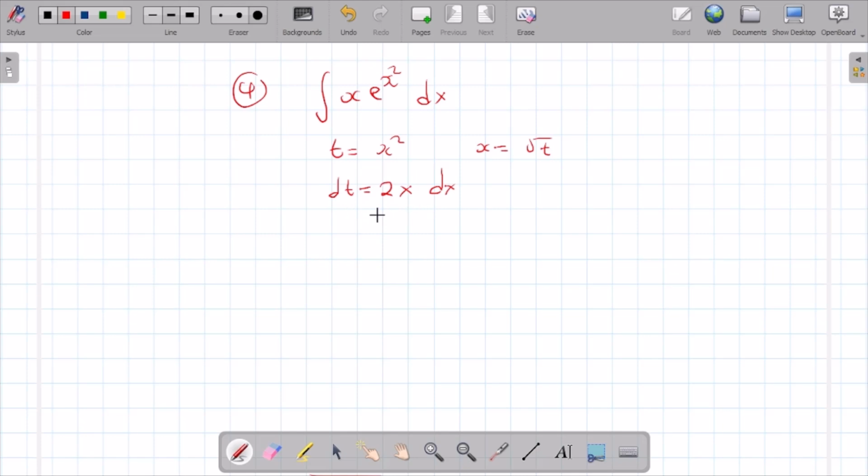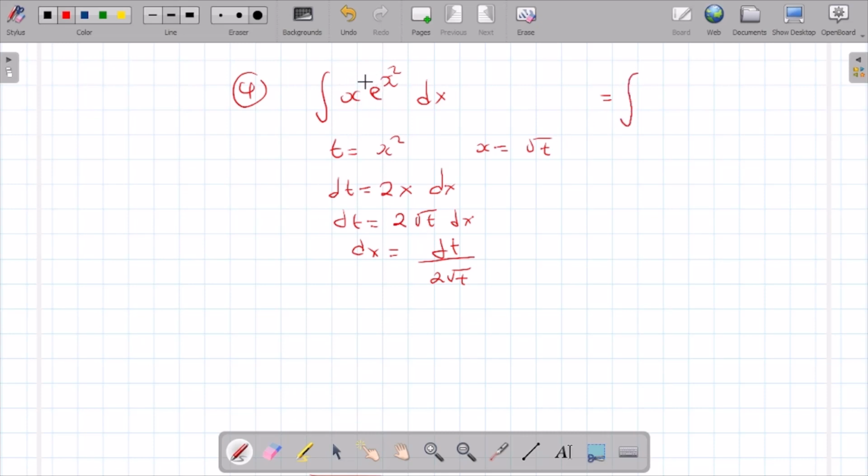Now here I'm going to substitute. So x is the square root of t, and dx is going to be equal to dt divided by 2 root of t. All right, so this is what we have. Now we don't have any bounds here, so this integral is going to be equal to this.